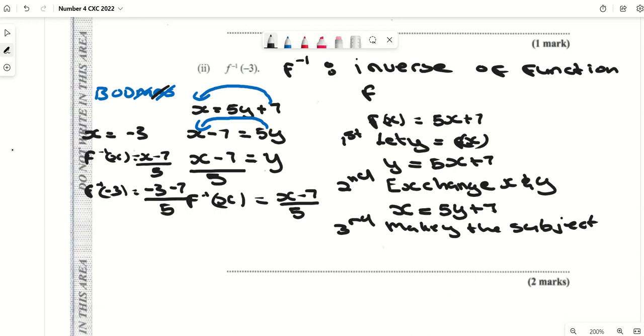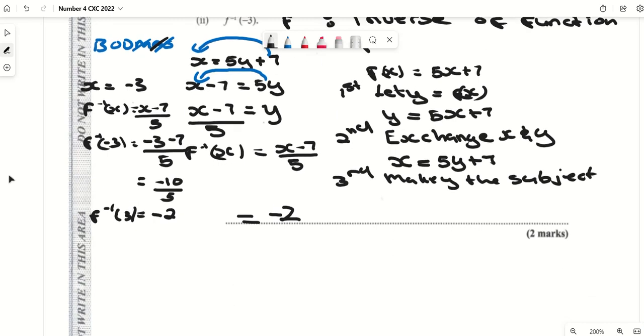So minus 3 minus 7 is equal to minus 10 all over 5, which is equal to minus 2. So f inverse of minus 3 is minus 2. And that would be your answer for this. All right?